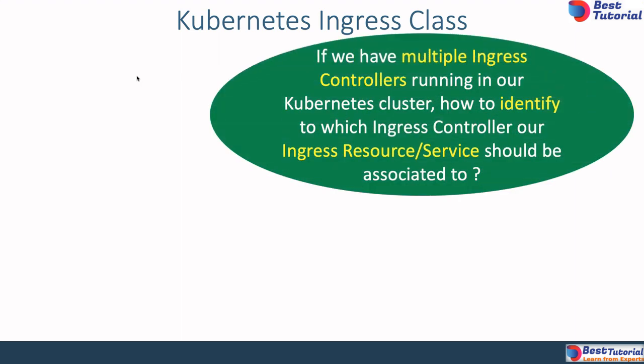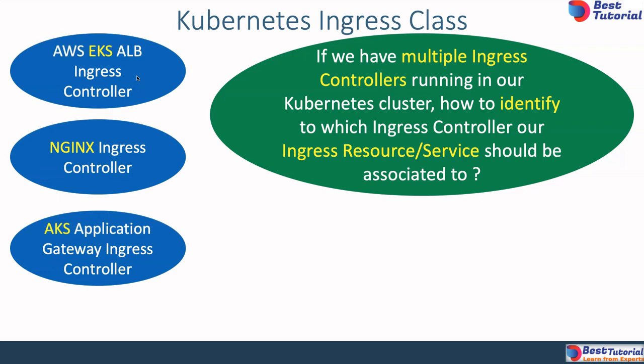If we have multiple Ingress controllers running in our Kubernetes cluster, how do we identify which Ingress controller our Ingress resource or service should be associated with? Take your Kubernetes cluster: you have the EKS ALB load balancer Ingress controller installed, you are also running the Nginx Ingress controller, and you are also running the AKS application gateway Ingress controller.